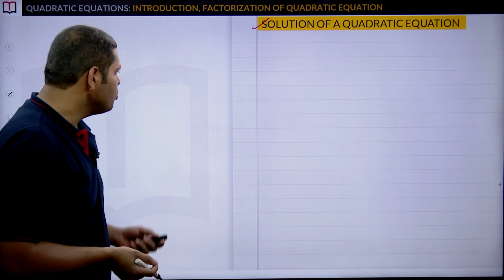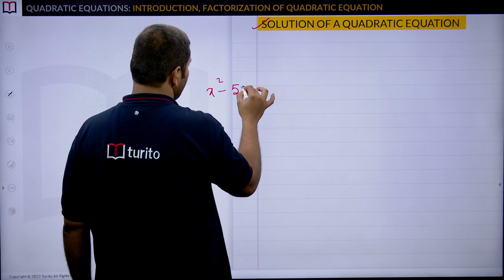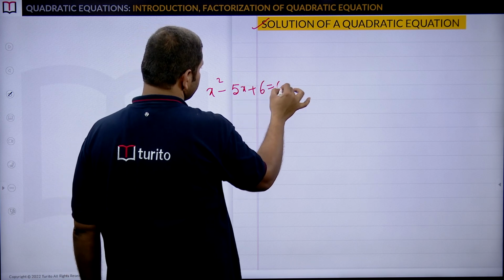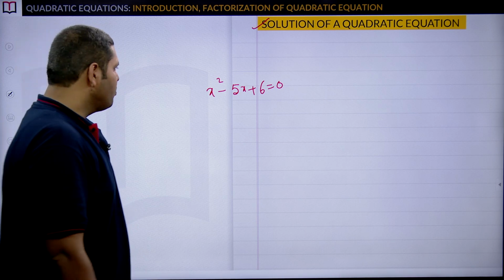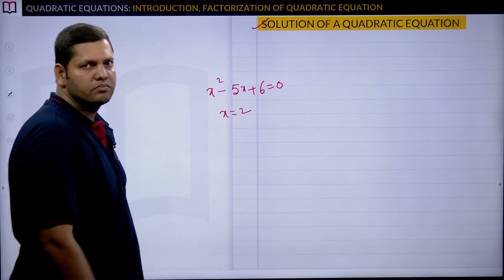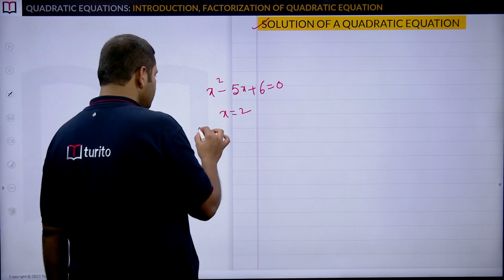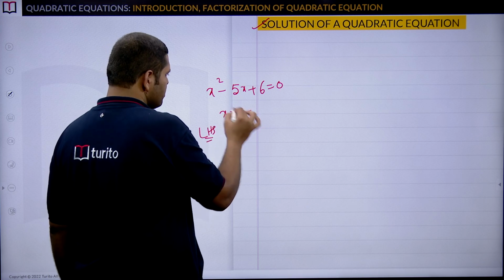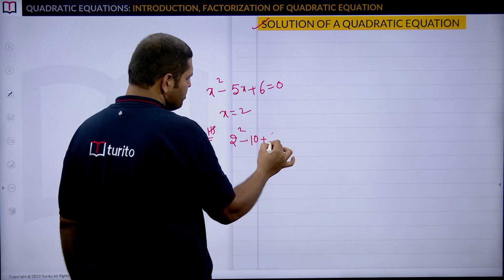Okay, children, here solution means, see here, I am taking one quadratic equation, x square minus 5x plus 6 is equal to 0. Now what I am doing, children, I am substituting x is equal to 2 here. Then what is the LHS, children? 2 square, 5 into 2 is 10, and this is plus.